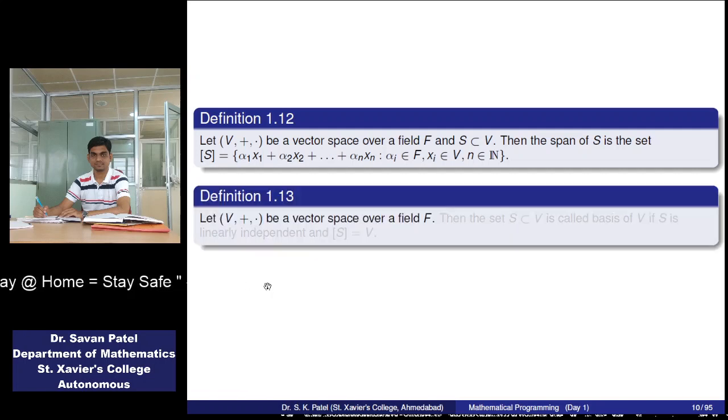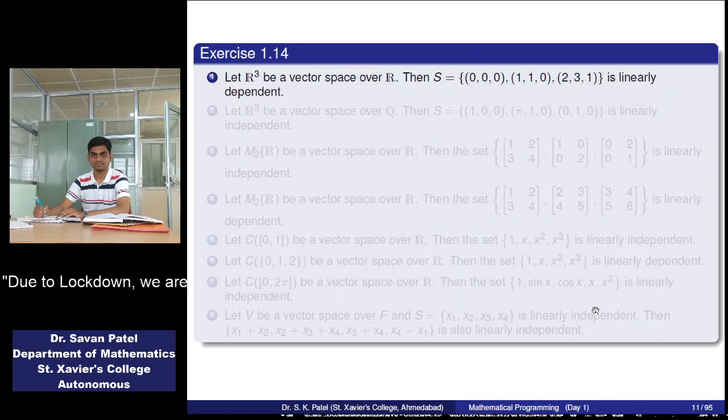Let V be a vector space over field F. Then the set S subset of V is called a basis of V if S is linearly independent and its span is V. You have studied several examples of bases. Let's see a few.